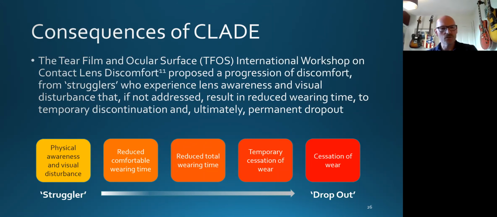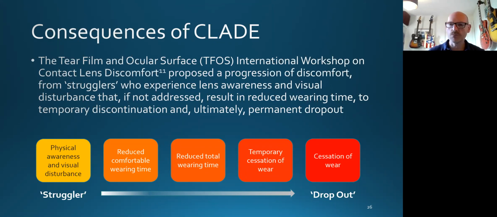So we start with physical awareness and visual disturbance. Then we start to get reduced comfortable wearing times. Wearing time starts to reduce, temporary cessation of wear, and then ultimately, if comfort and contact lens related dry eye is too significant, we get a patient who drops out. None of these are good scenarios, especially not the last one.